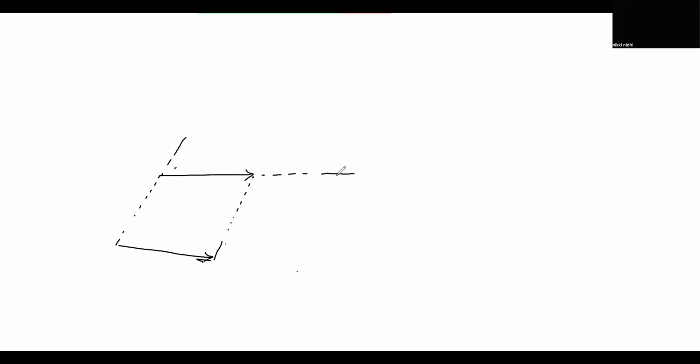Any parallel movement does not change the vector, because a vector is made up of two things, magnitude and direction. So the head to tail distance and the direction should not change. Clear with this idea?